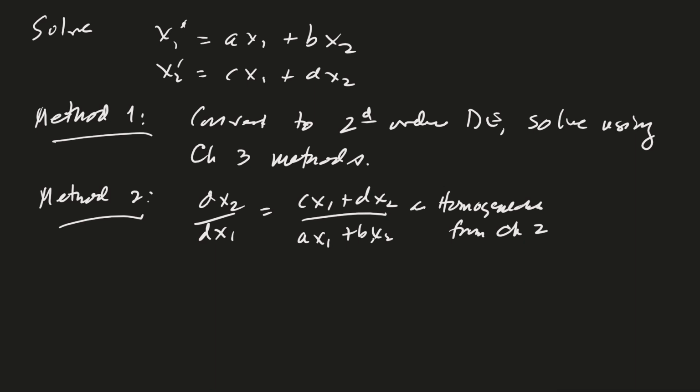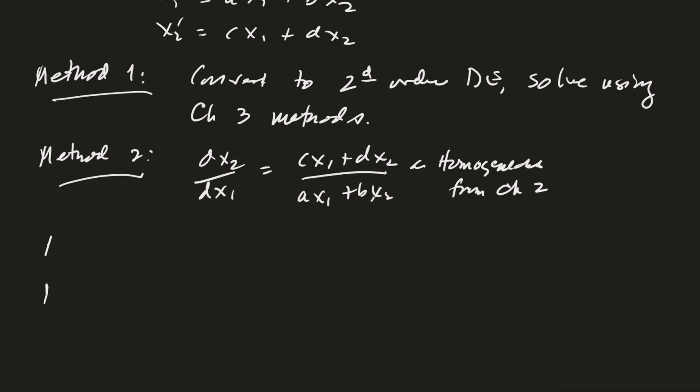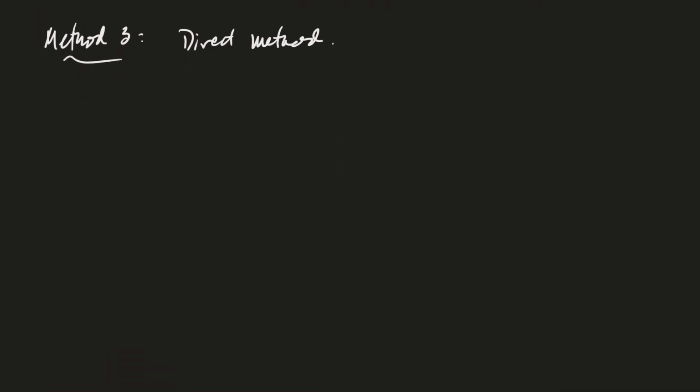Okay, so what we're going to be looking at is a direct method, method 3. This is a direct method. The idea behind this is we're going to start much the same way we started in chapter 3.